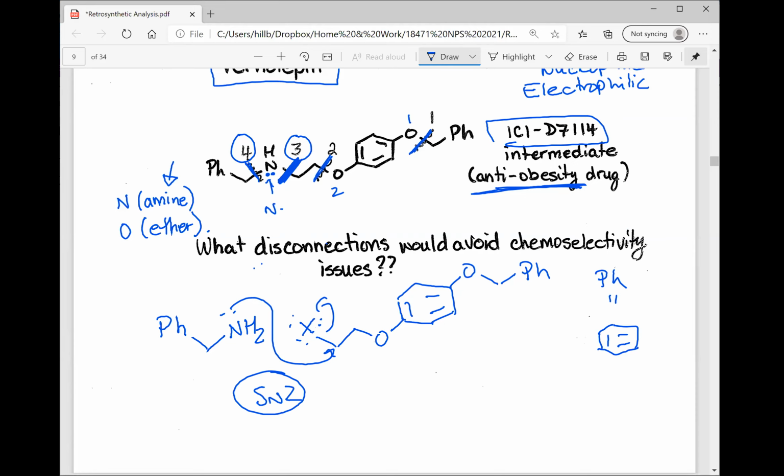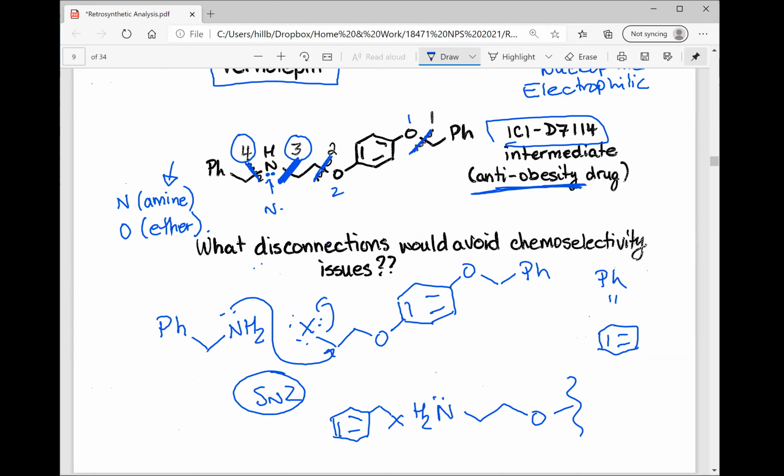And this is better than if you had the nitrogen plus the rest of the molecule, mainly because now you've got a reactive group in the rest of your molecule.